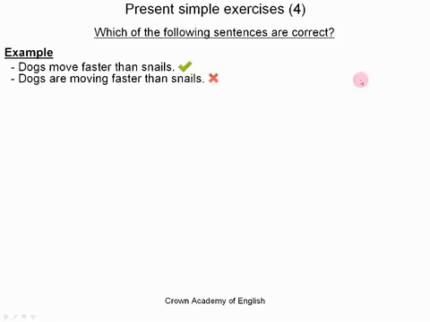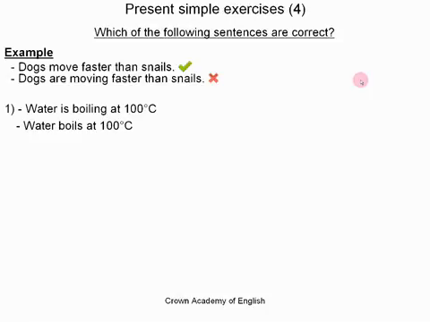So again, let's have a go. Question 1. Water is boiling at 100 degrees centigrade, or water boils at 100 degrees centigrade. So you have to tell me which one is right and which one is wrong.